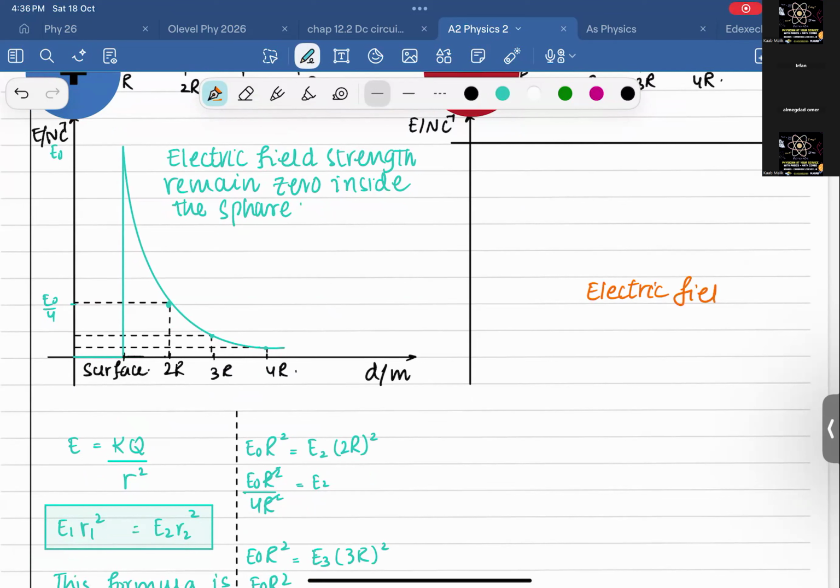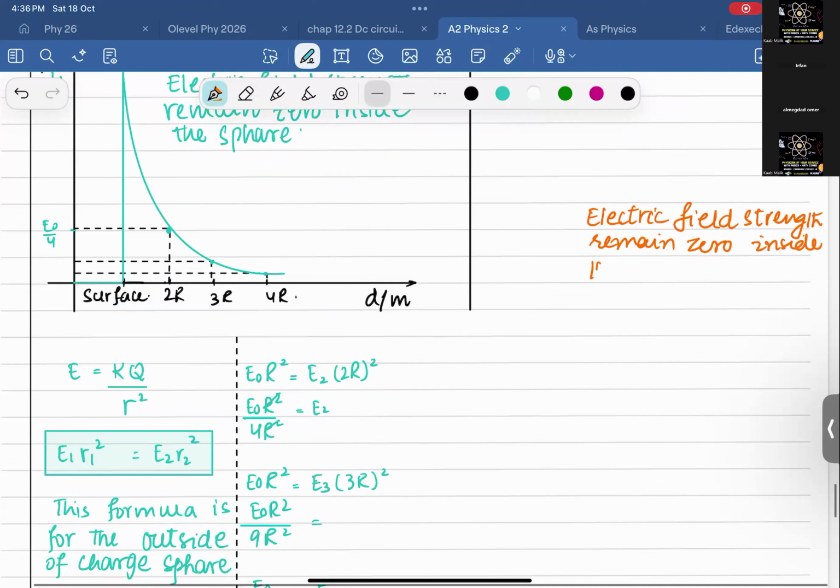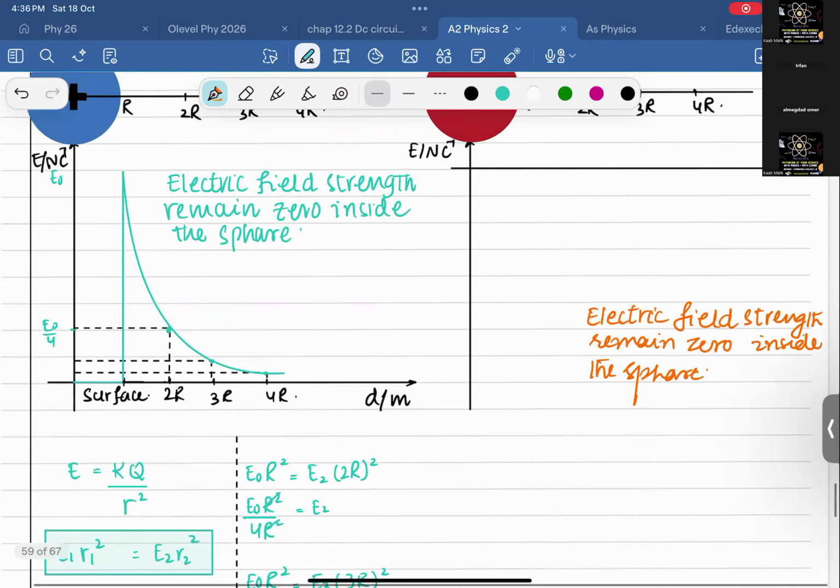Electric field strength remains zero inside the sphere. Okay. And electric field strength decreases inversely proportional to the square of the distance as you move on, right?